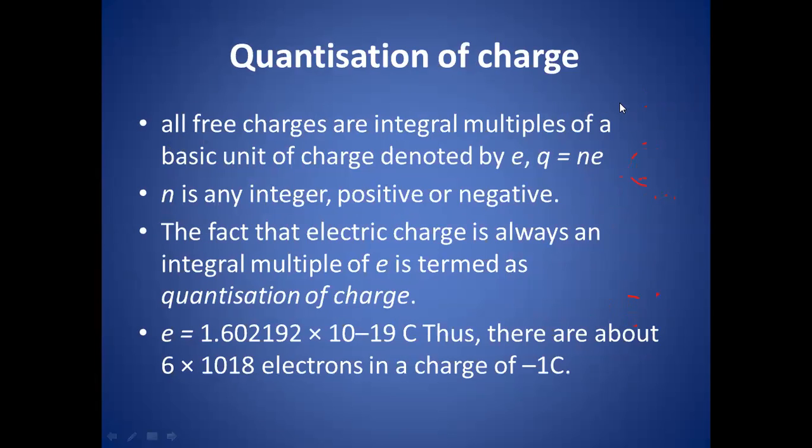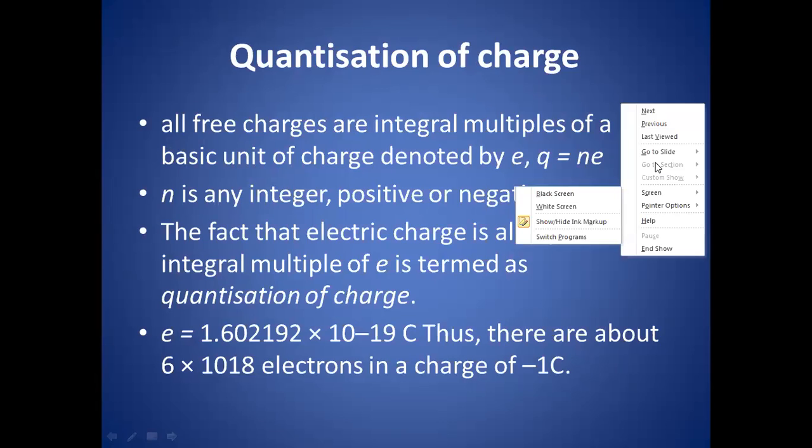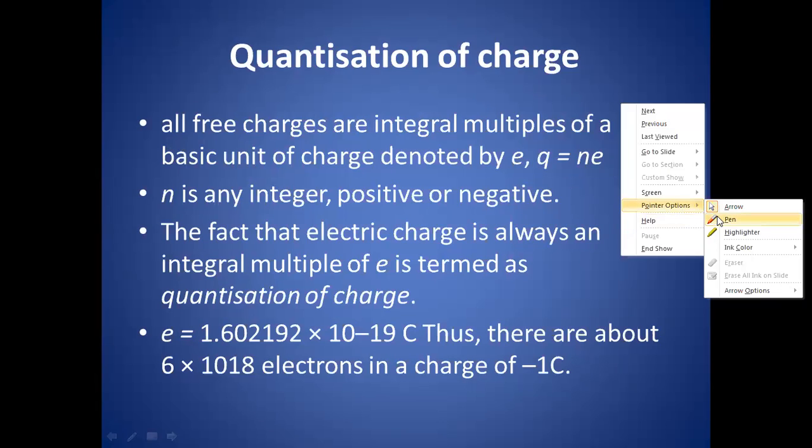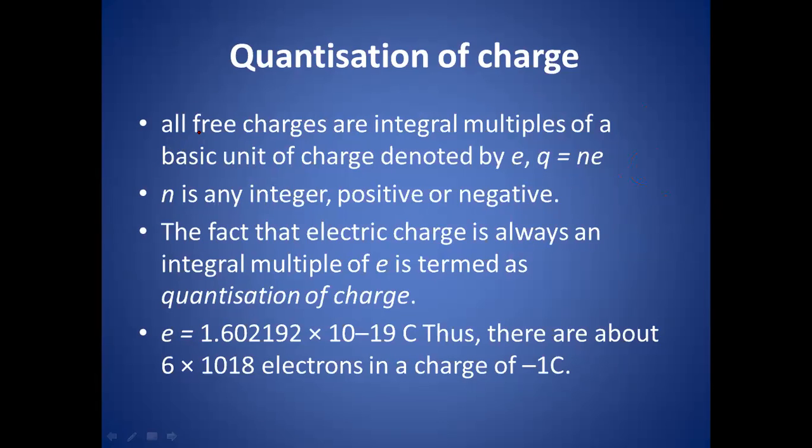Next is quantization of charge. What is the meaning of quantization of charge? All free charges are integral multiples of the basic unit of charge denoted by e. So q equals n times e, where q is the charge and n is any integer, positive or negative.